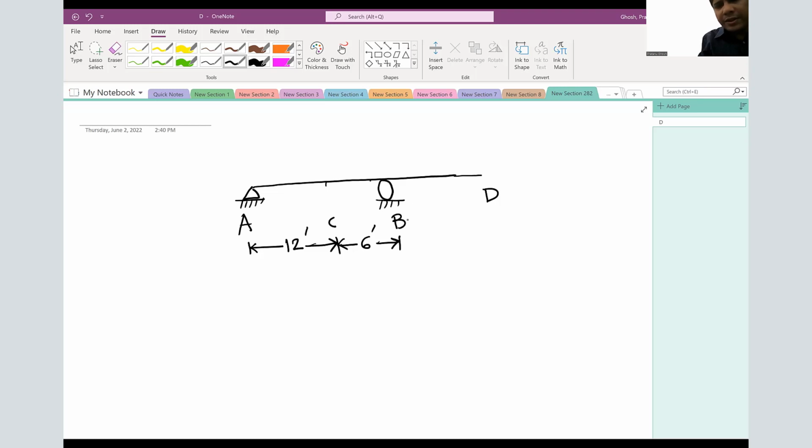So B to D is 9 feet, and all the way we have a triangular distributed load, as you have seen in the picture.